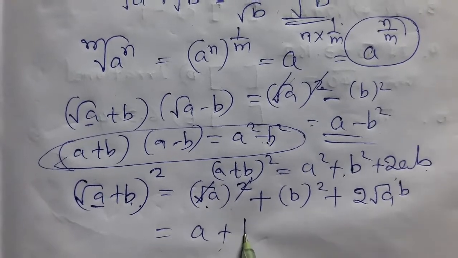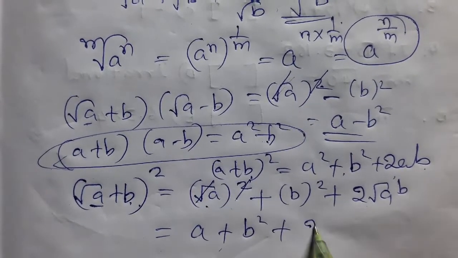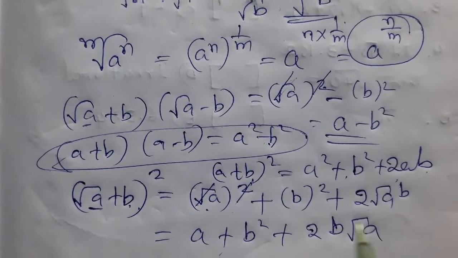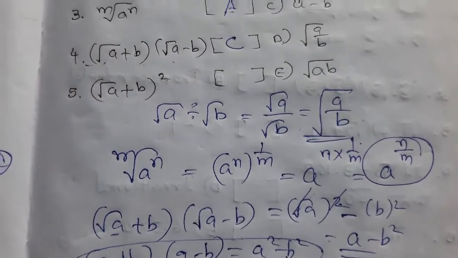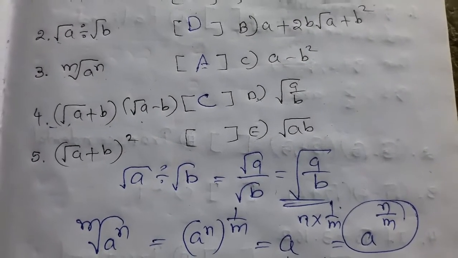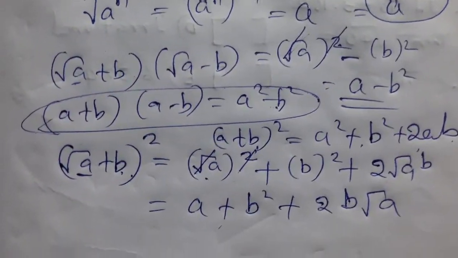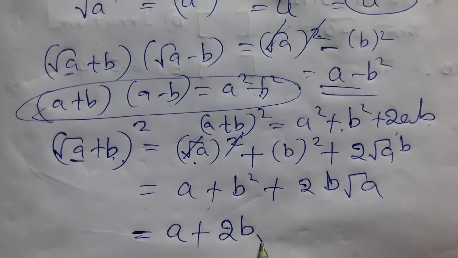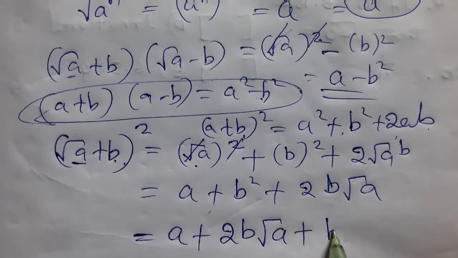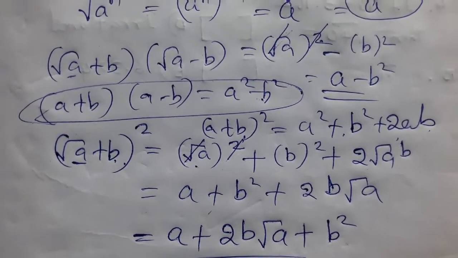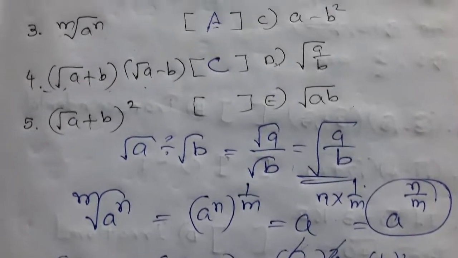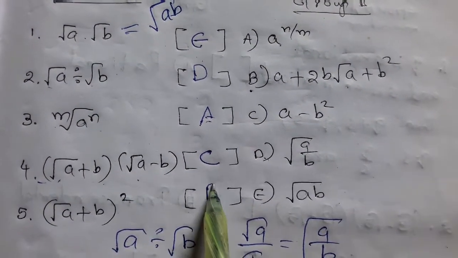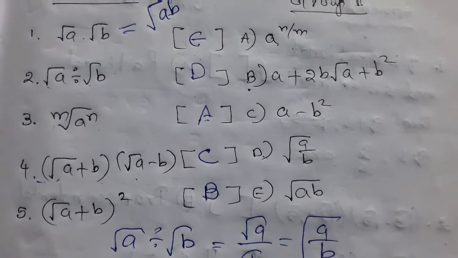That means a plus b square plus 2b root a. I have written it like this. The option is something like a plus 2b root a plus b square, so option B is the right answer to the given question.